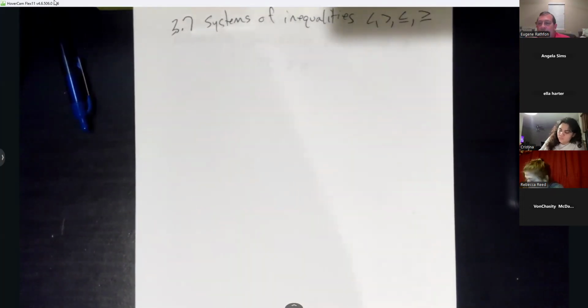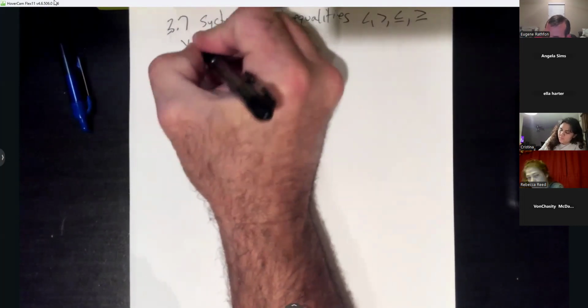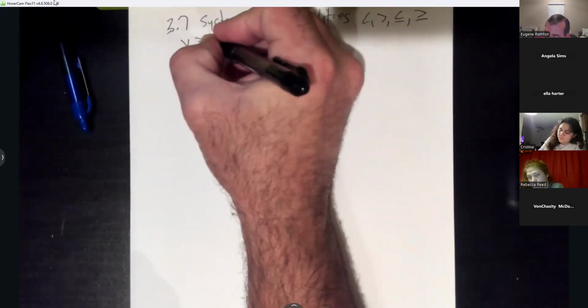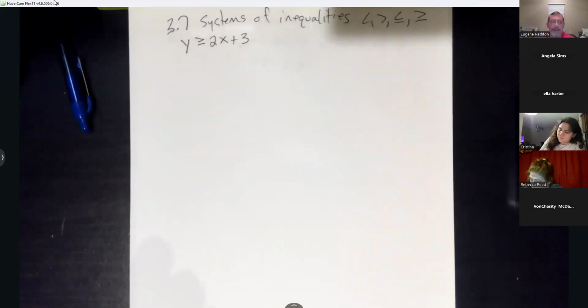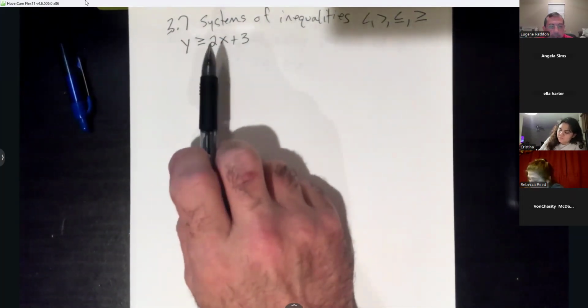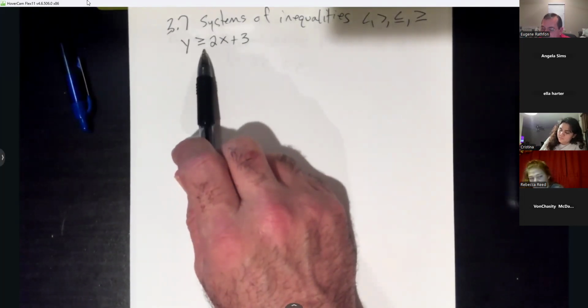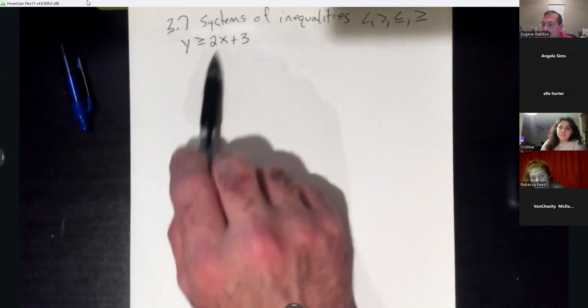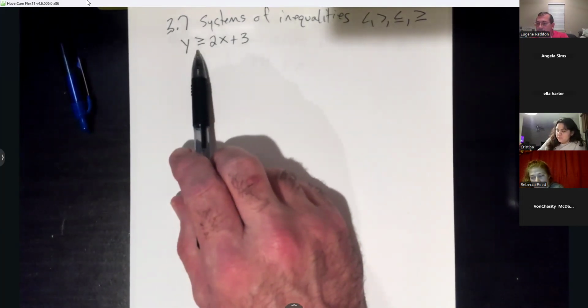So, here's the thing. If I had something like y greater than or equal to 2x plus 3, there's not just one answer for that. There is infinitely many answers for this problem because it's greater than or equal, okay?